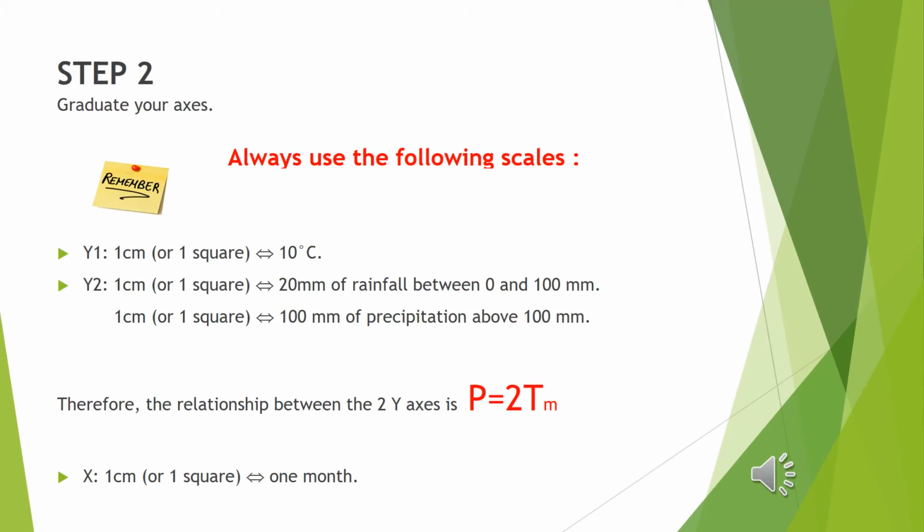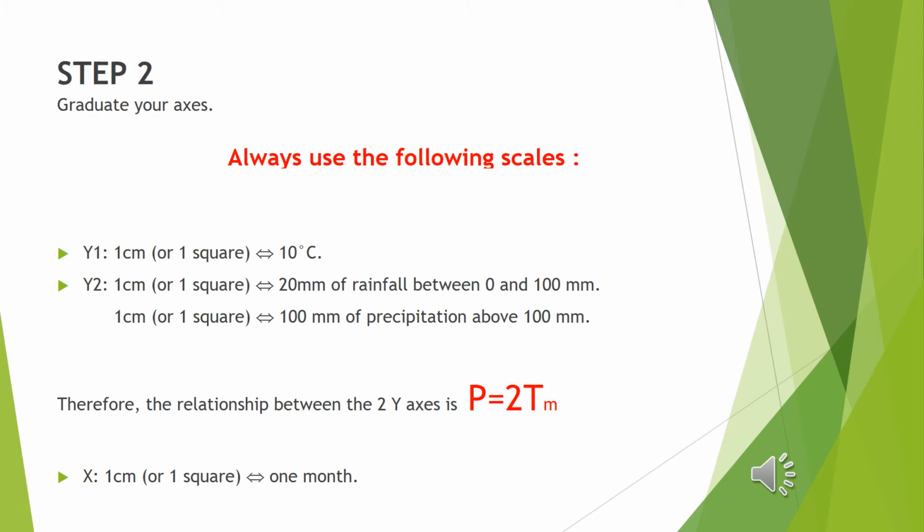Step number 2, now you have to graduate your 3 axes. But please remember, always use the following scales. For the y1 axis, so the axis representing the monthly mean temperatures, 1 centimeter or 1 square is equal to 10 Celsius degrees. For the y2 axis, it's a bit more complicated.